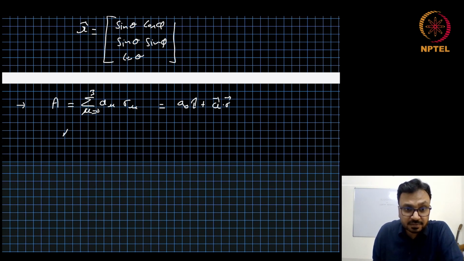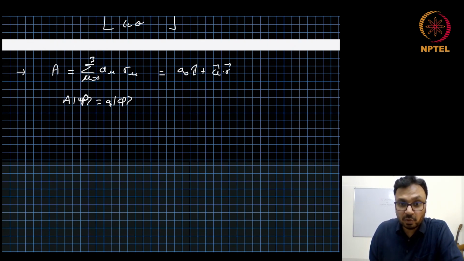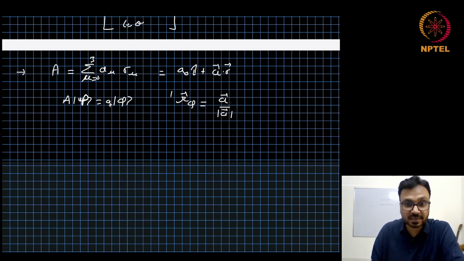Then the eigenvector of A, let us call it phi, with plus eigenvalue, has a Bloch vector that is nothing but A vector divided by its magnitude, the normalized vector.